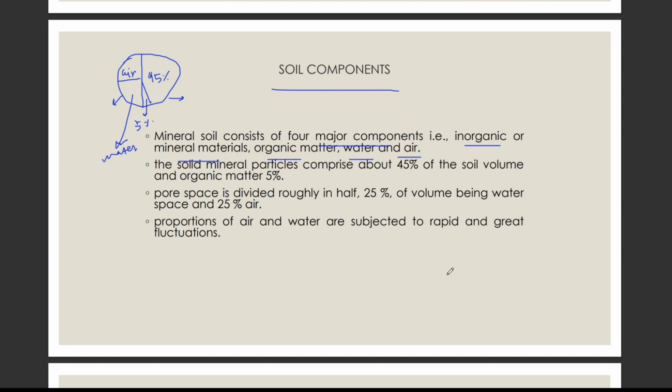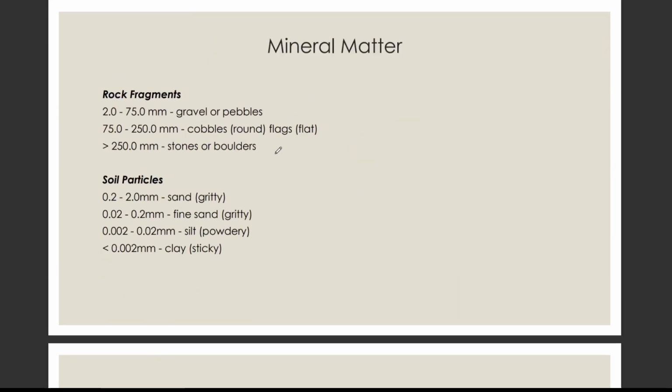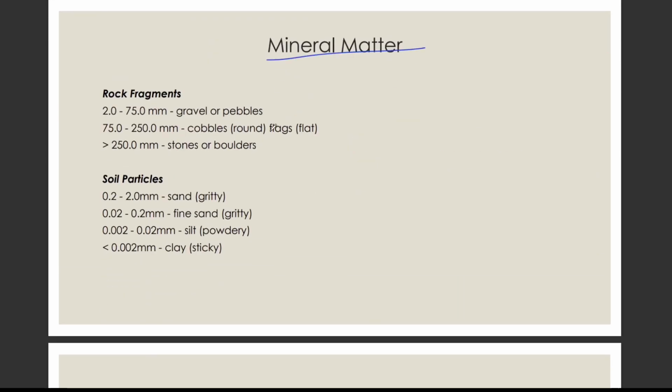So the percentage of the soil air and water may change, but the 45% mineral component will be almost constant, and the 5% organic matter will also be almost constant. After that, we have the mineral matter.